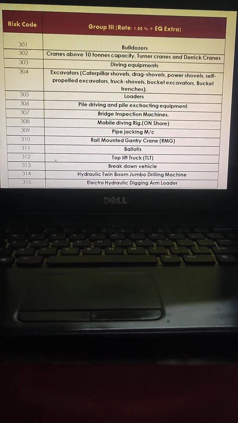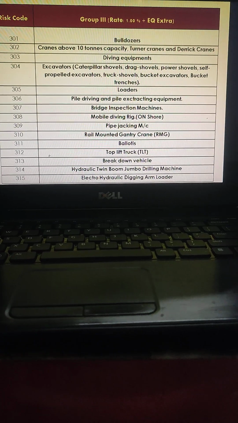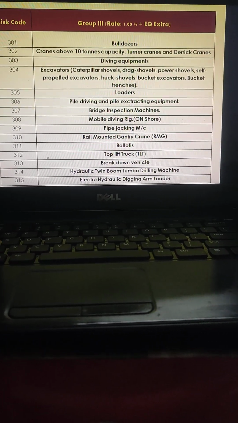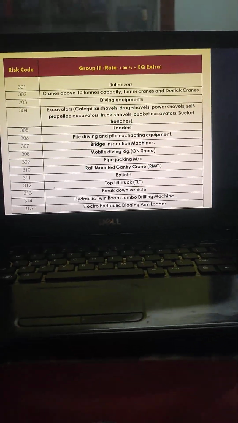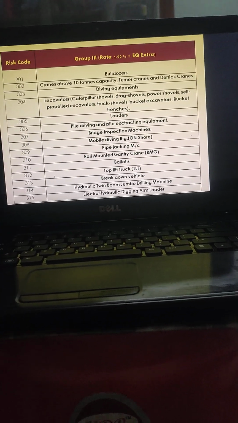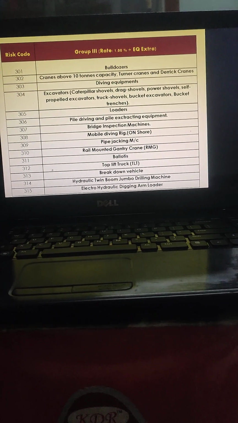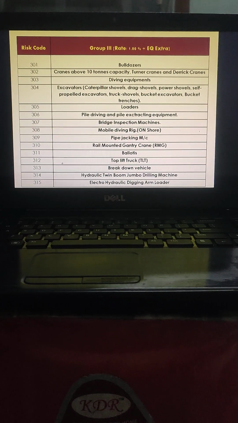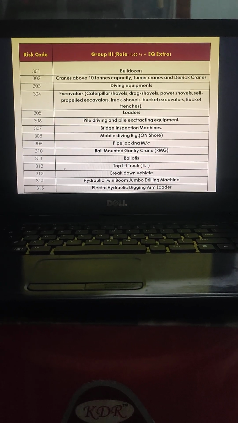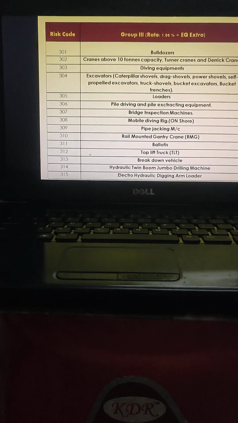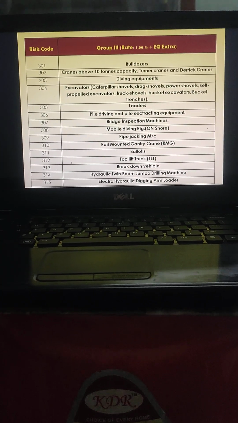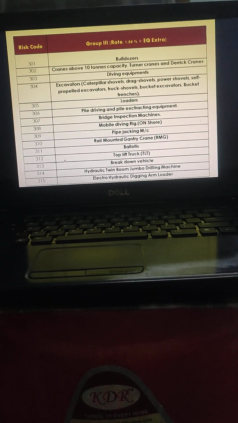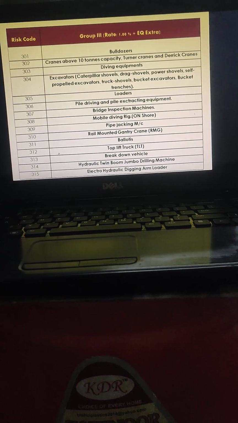Group 3 includes machineries like bulldozers, crane above 10 ton capacity, diving equipment, excavators, loaders, mobile driving rings, top lift trucks, breakdown vehicles, hydraulic twin booms, etc. The machineries are coded like 301, 302, 303, and being this the third group, the rate is 1.00% plus earthquake.